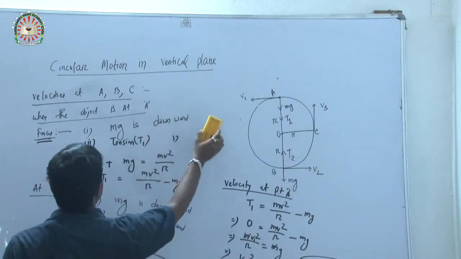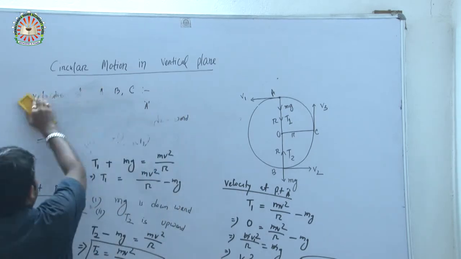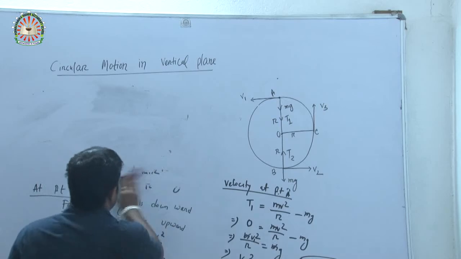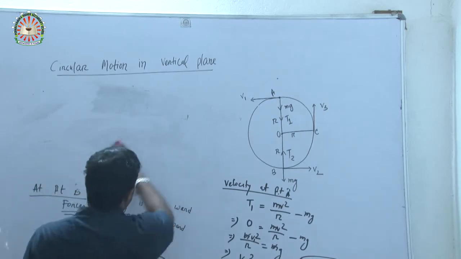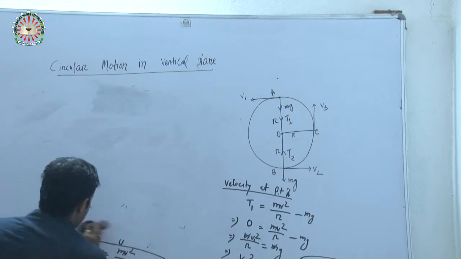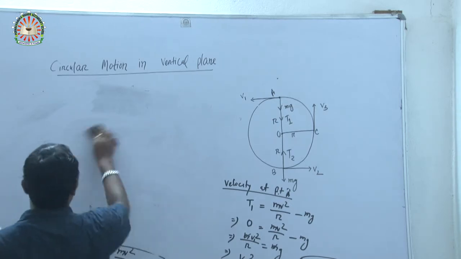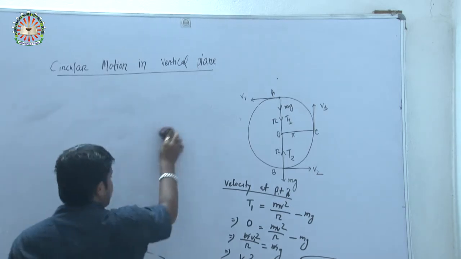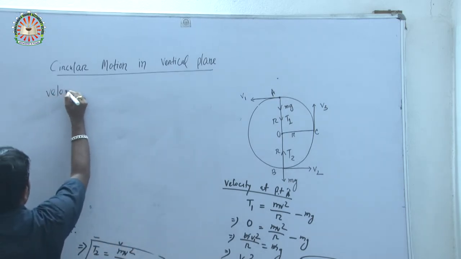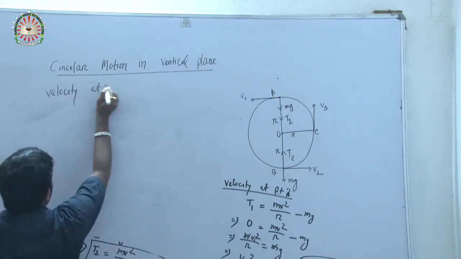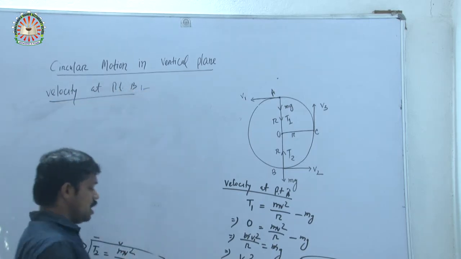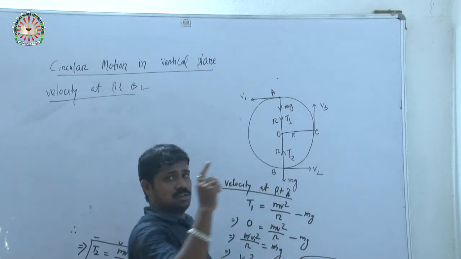So let us find out the velocity at point B. To find out the velocity at point B, listen very carefully.